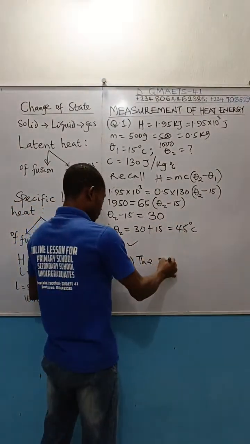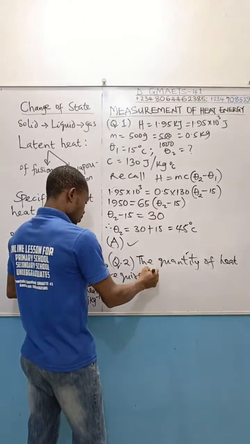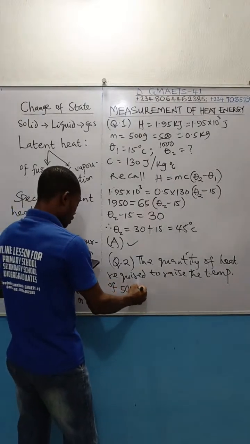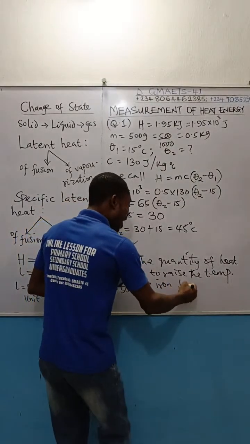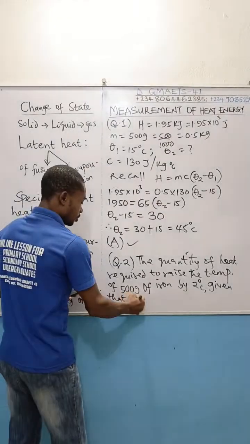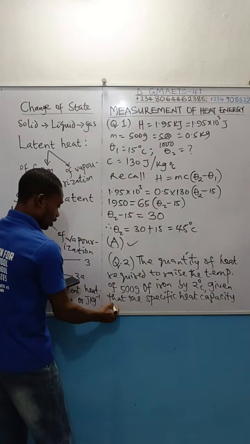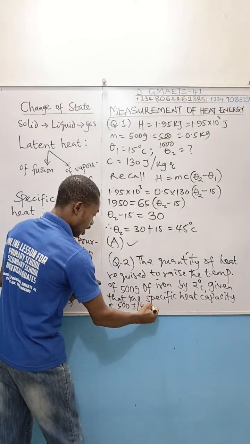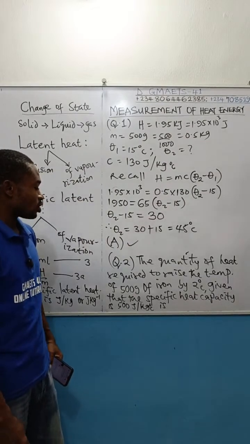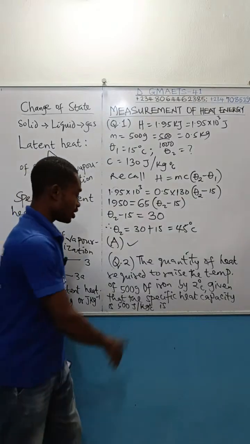Question number 2: the quantity of heat required to raise the temperature of 500 grams of iron by 2 degrees centigrade, given that the specific heat capacity is 500 joule per kilogram degree centigrade. We don't know.